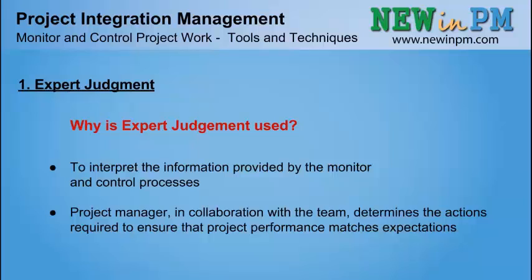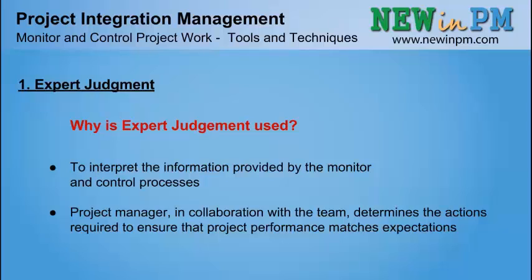We now come to the tools and techniques that are required to be used for the inputs. The first one, expert judgment. We know that expert judgment is basically performed by an individual or a group which has skilled knowledge on the functional and technical aspects of a project.